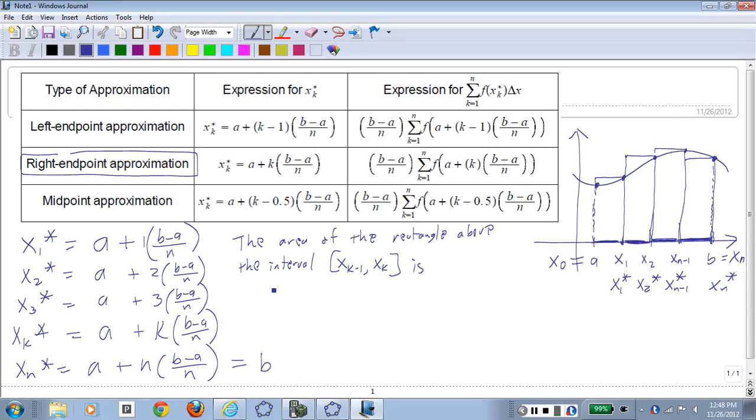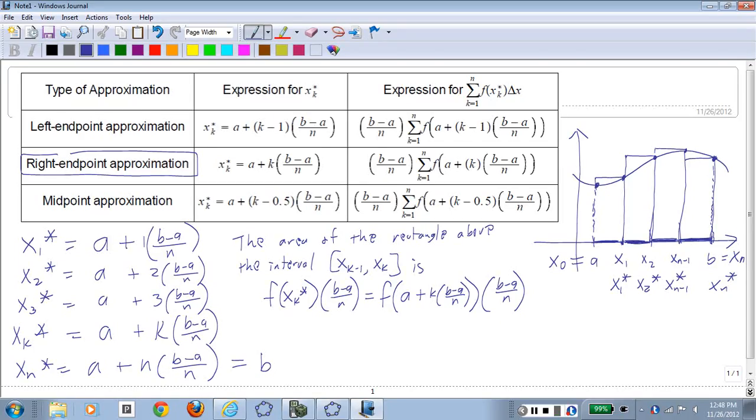So it's going to be f of X sub K star times B minus A over N, which equals f of X sub K star. This is going to be A plus K times B minus A over N, and then we'll multiply that by B minus A over N. So height of the rectangle times the length of the little subinterval.